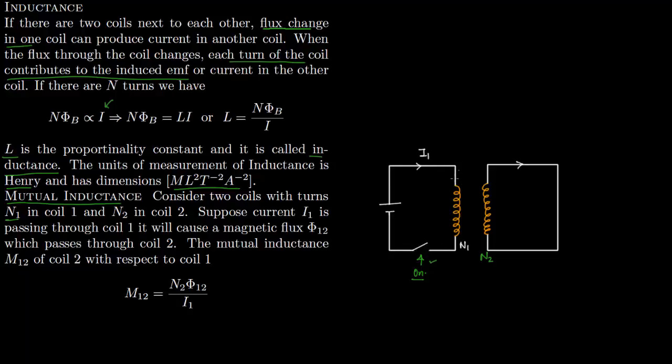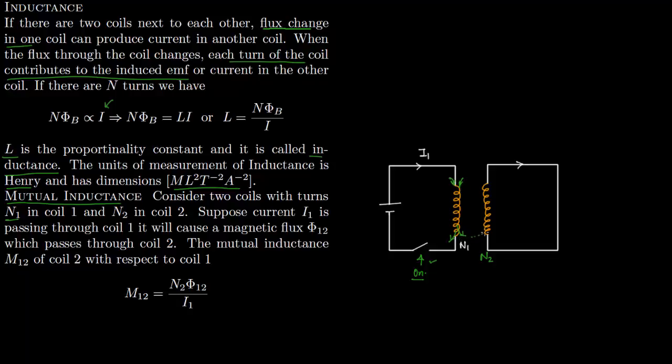So when the current is increasing, there is a flux being produced here. This is how the flux comes in through the coil and goes out.